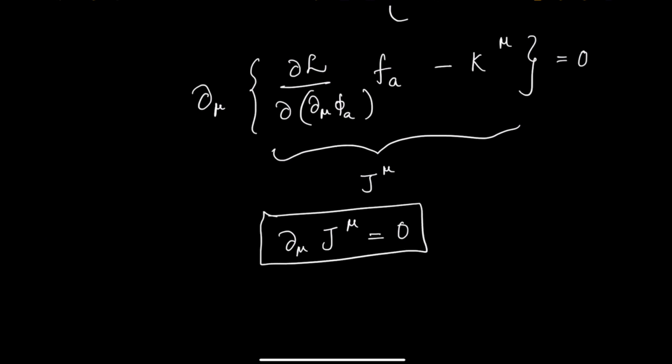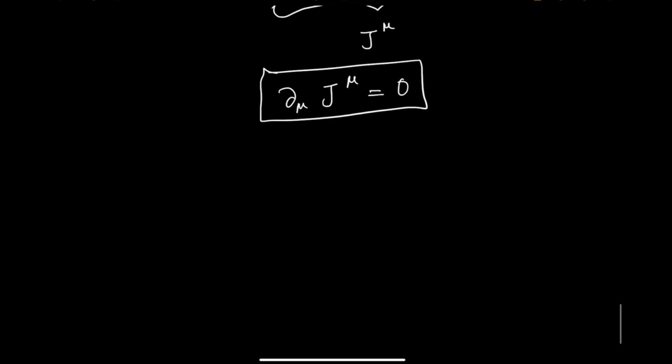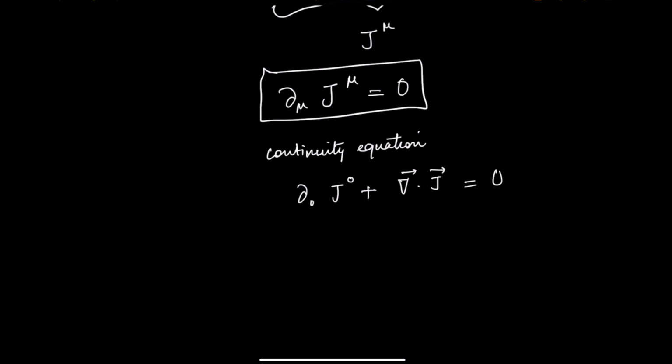Yes, this you might have seen in electromagnetic theory. We call it the continuity equation. I can expand it and write it as the time part and the spatial part. So the time variation of density is equal to the divergence of the current.